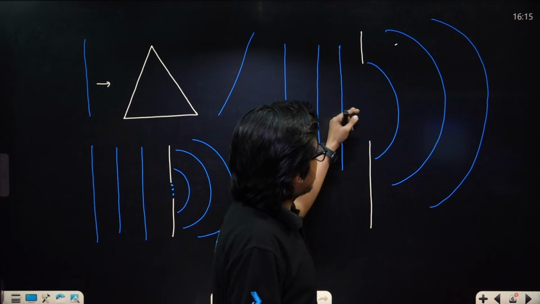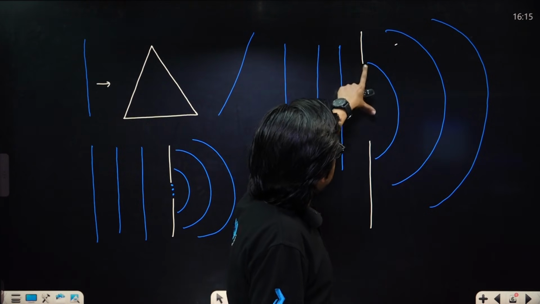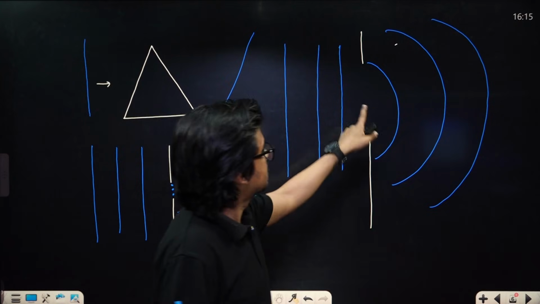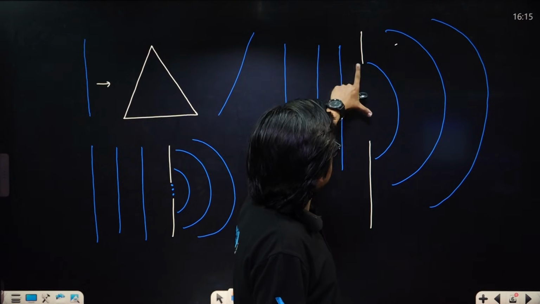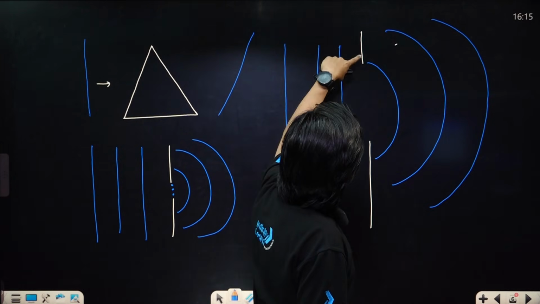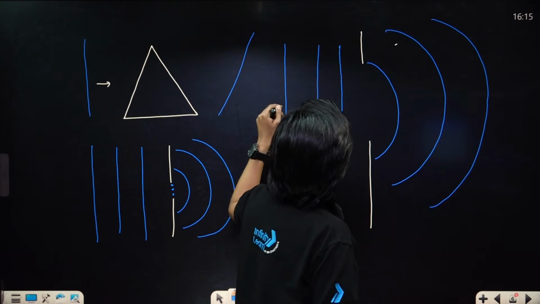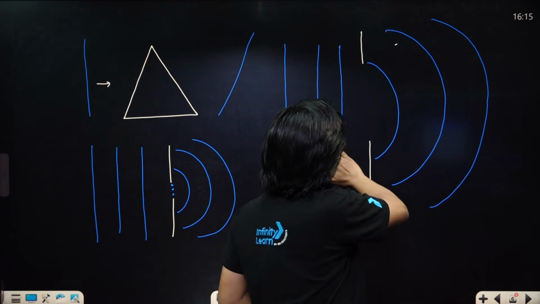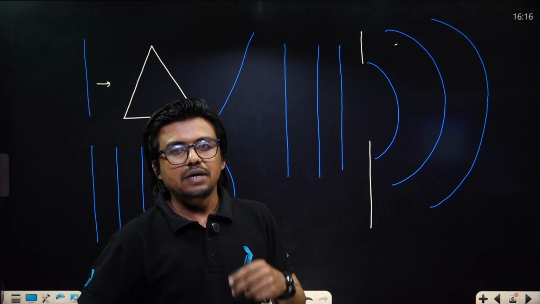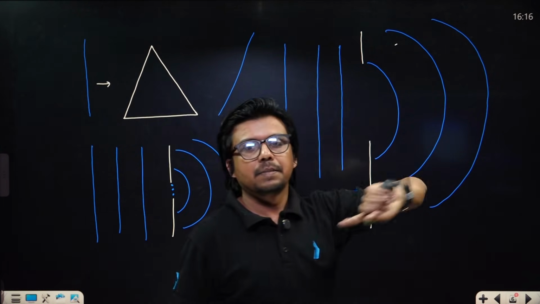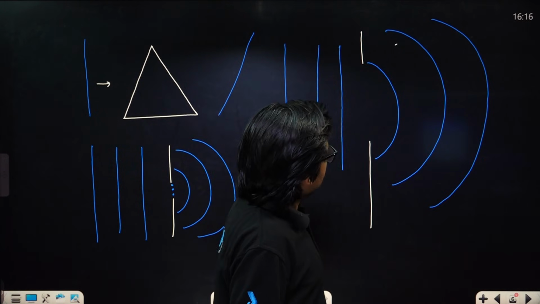I'm not saying it is increasing with the distance, it will itself increase here at the slit. If you are going to increase the slit width, it means that the wavefront corresponding to the transmitted wave through the slit will go on becoming parallel.